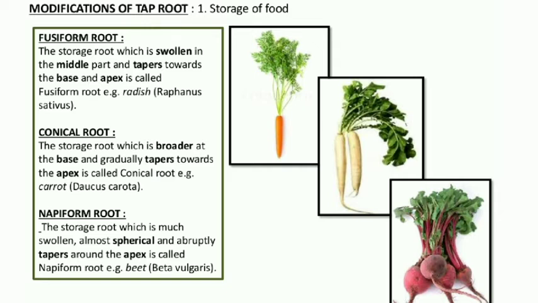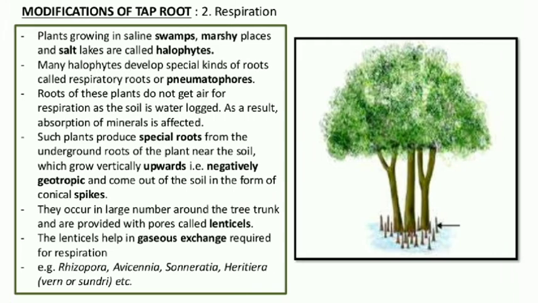Hence it is called napiform. The best example is beetroot, Beta vulgaris. These are the three main examples of modified taproot for storage of food. We shall move on to the next slide.